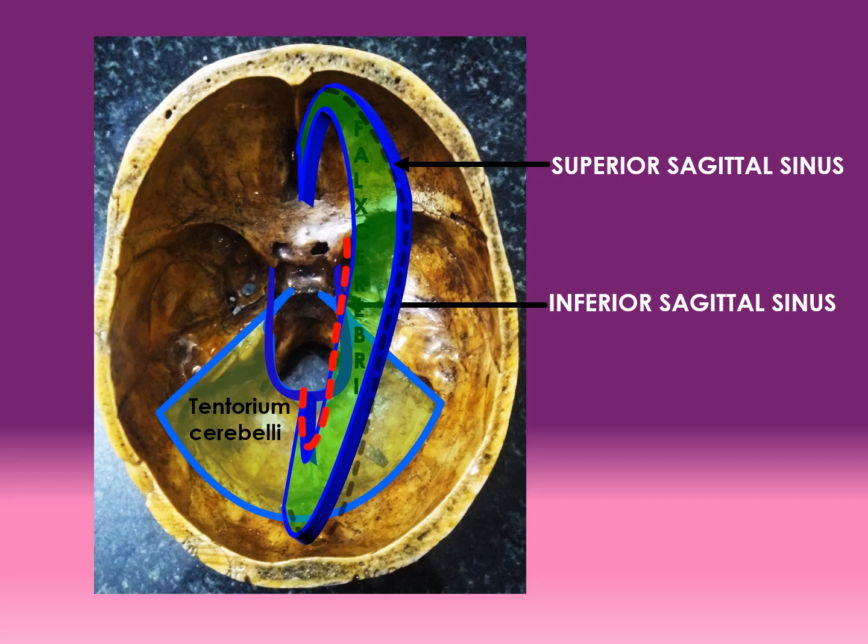At the inferior free margin of the falx cerebri, we have the inferior sagittal sinus, which is within the falx cerebri, and so this inferior sagittal sinus is situated within the meningeal layer of dura mater.